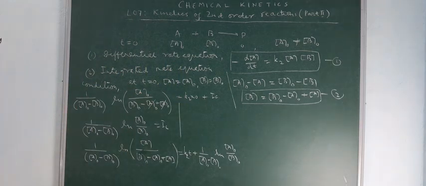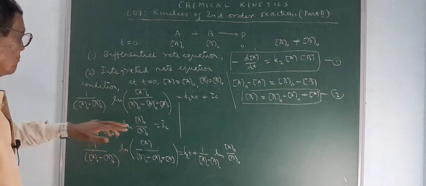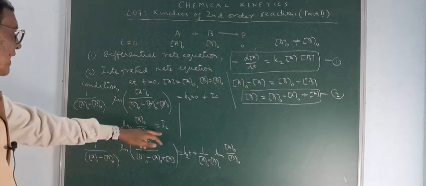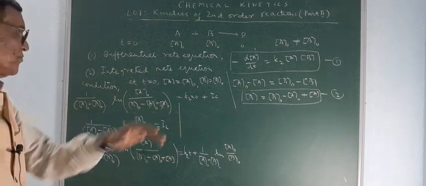So putting this value of IC, we get this rate equation.